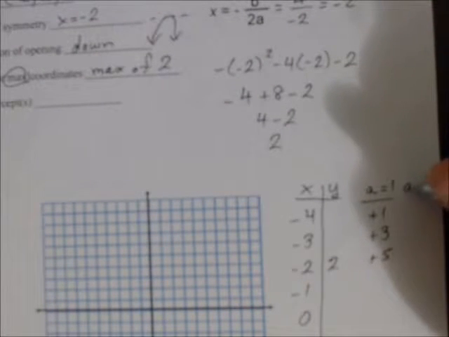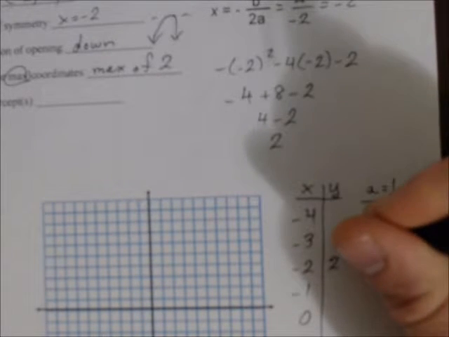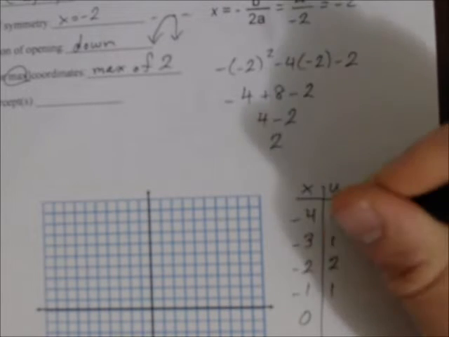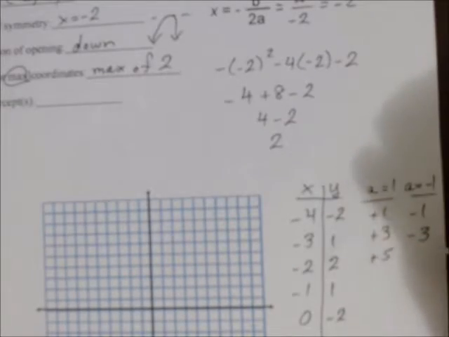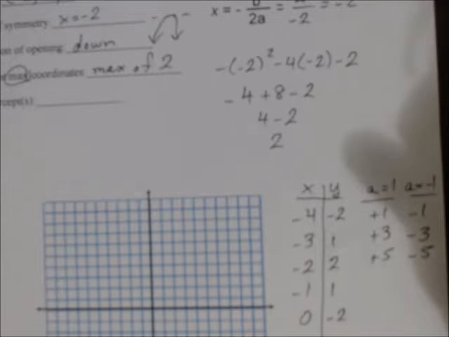But in this case, a is -1. So since a is -1, the first thing that we're going to do is go down 1. And we'd get 1. Then we'd go down 3. And we'd get -2. And then to form a good graph so that we can get a nice curve, we'd go down 5 to get 2 more points.